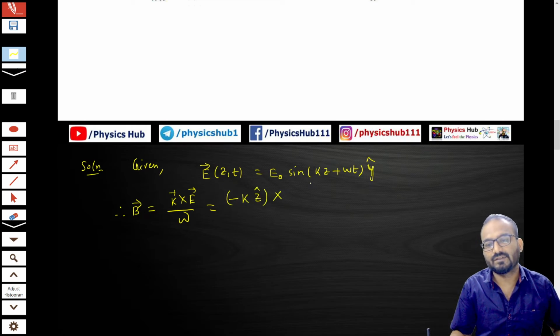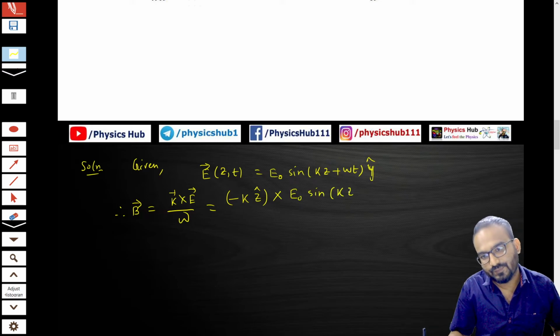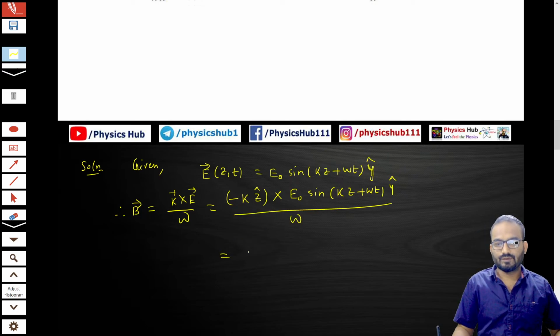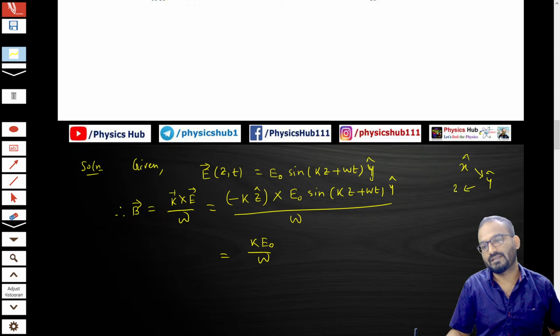Cross E, which is given to you as E naught sine(kz plus omega t) y cap, divided by omega. So this is k into E naught by omega, z cap cross y cap. So we can consider this x cap, y cap and z cap.